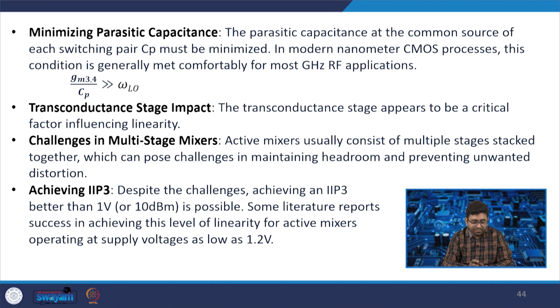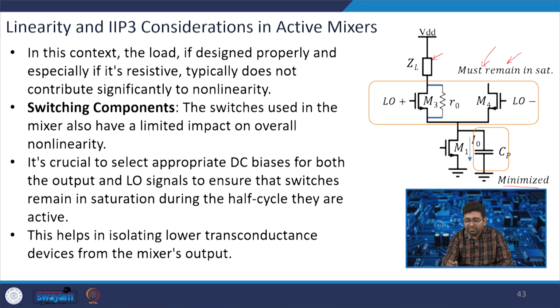So, your Gm3,4 divided by CP should be much greater than omega. Here this CP consists of multiple capacitors from M3, M4 and M1, that is the parasitic.